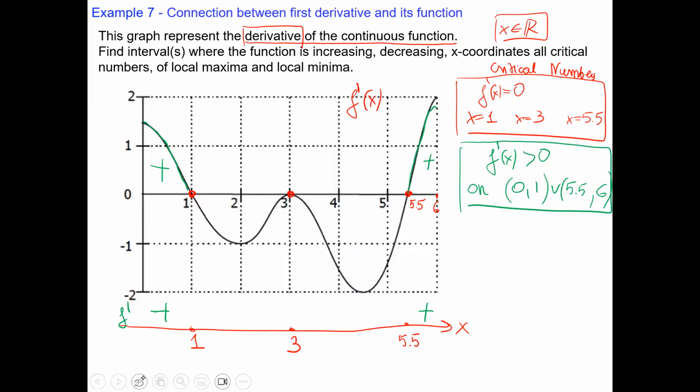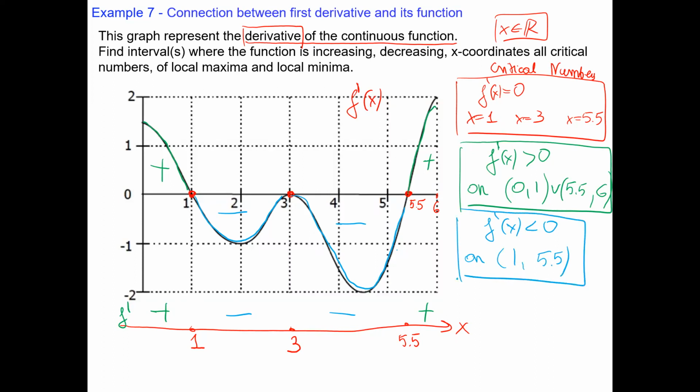Yeah? Okay, now where the derivative is below the x-axis, the sign is negative because it has negative values. That means the derivative is less than 0, and we may combine this, actually, from 1 to 5.5. We can say from 1 to 3, from 3 to, but at 3 we will not have extreme values.